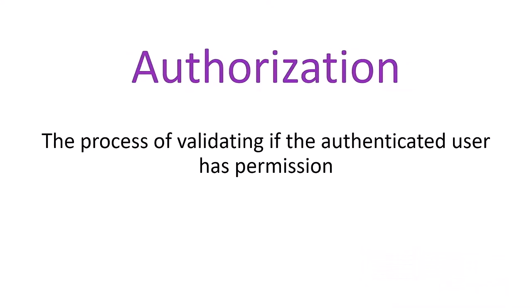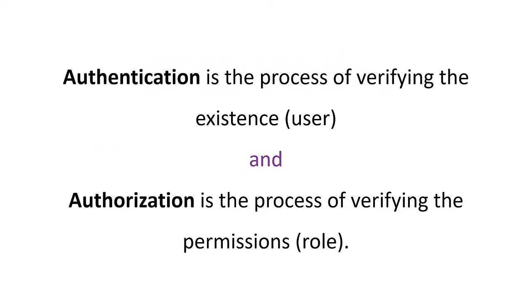And authorization is the process of validating authenticated users if they have permissions to access a certain service or an application. So, authentication is the process of verifying the existence of a user, and authorization is the process of verifying the permissions of an existing user.